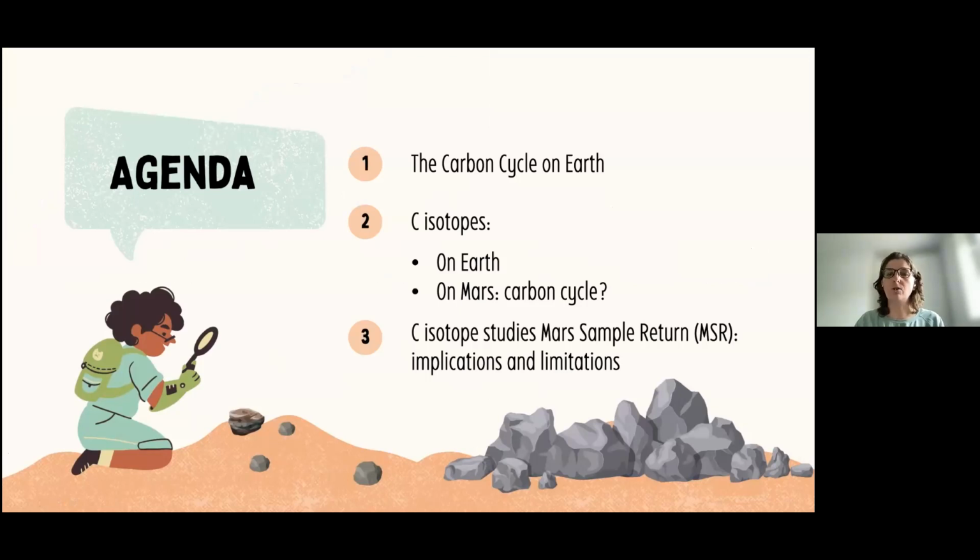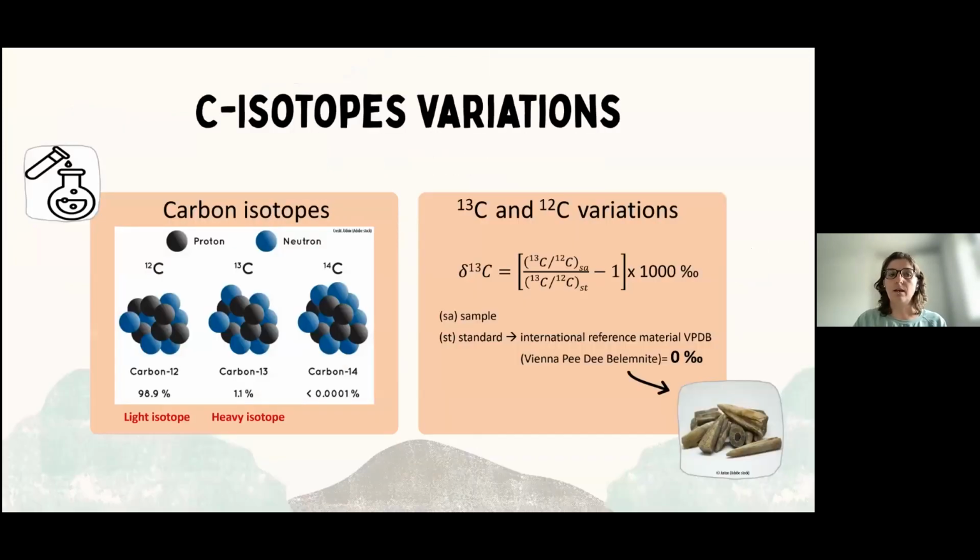How did it work on Earth in the past? Secondly, how are the carbon isotope signatures on Earth and how are they on Mars? And finally, how can carbon isotopes be used in the samples that the Mars sample return mission will bring back home to the Earth? So I will start with some very basic knowledge about carbon isotopes.